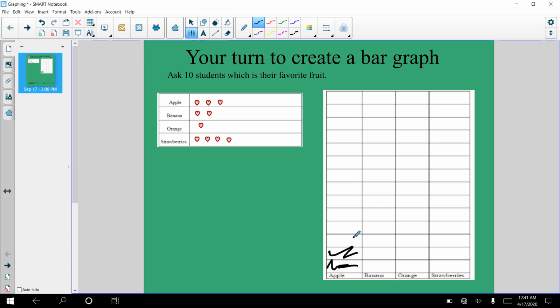One, two, three, four. And two students like bananas, so I have two squares for banana and one only for orange and four for strawberries. So one, two, three, four.